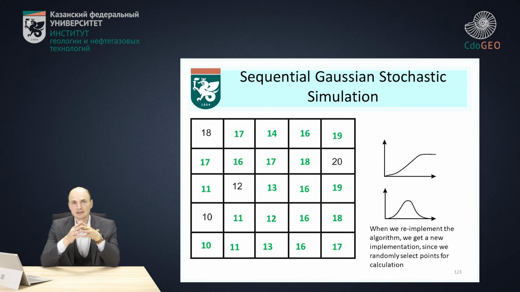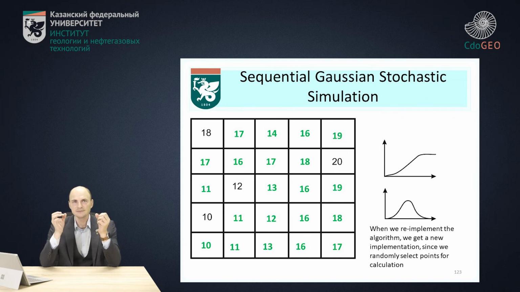That means that in this place our porosity is higher than in the previous case. But why can it be higher or lower? Just because it's outside of the range and we don't know the actual values here. So that's why for each realization we choose different values.